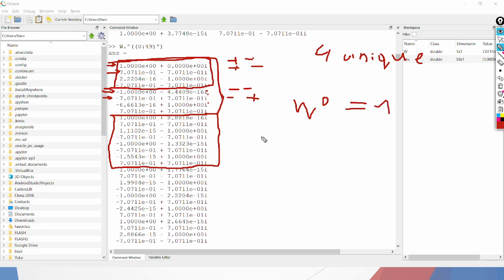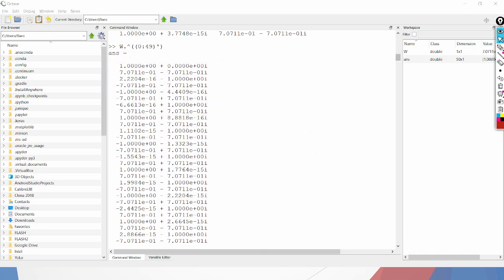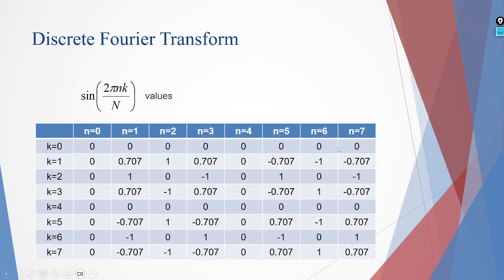And there are now 3 other coefficients, W power 1, W power 2, W power 3, because W power 4 is now the same as minus W power 0. W8 is the same as W0. So with that in mind, these unique multiplications are much fewer. And that's how it works, yes?